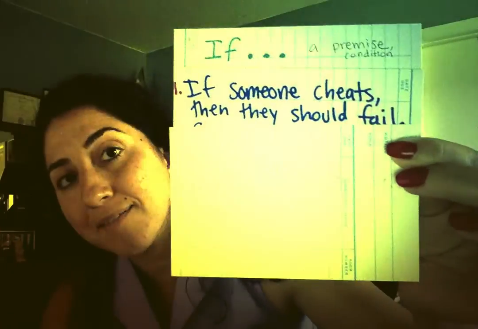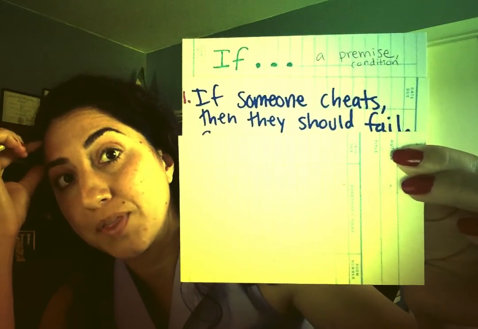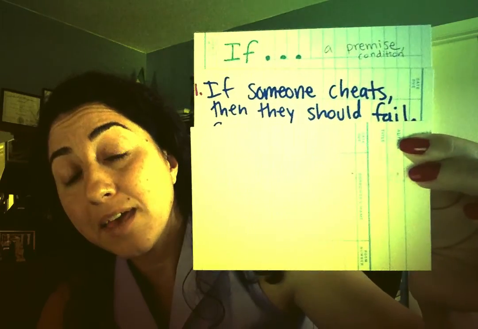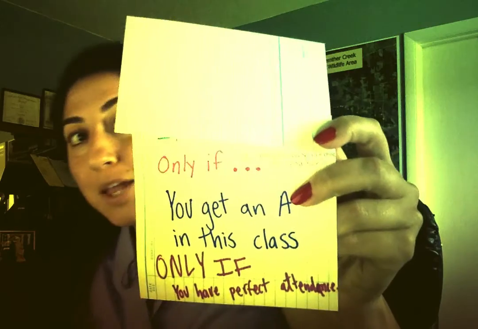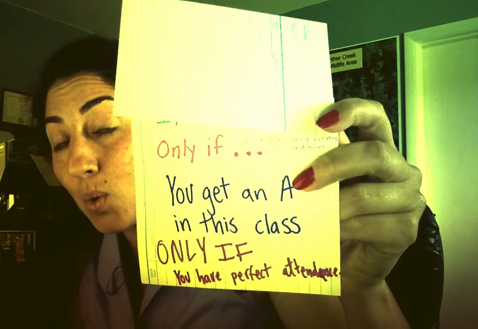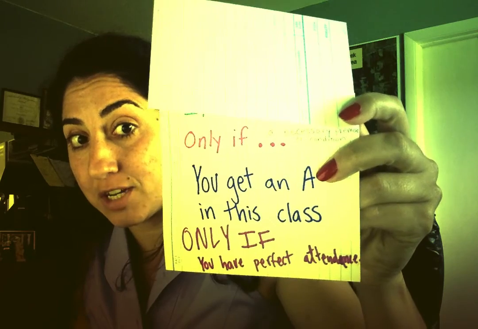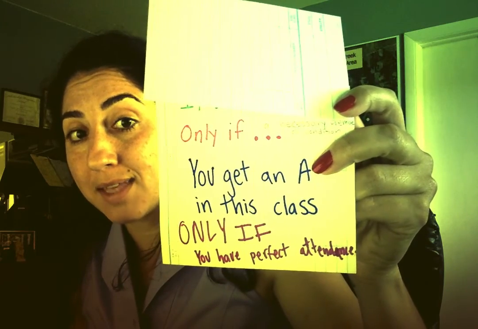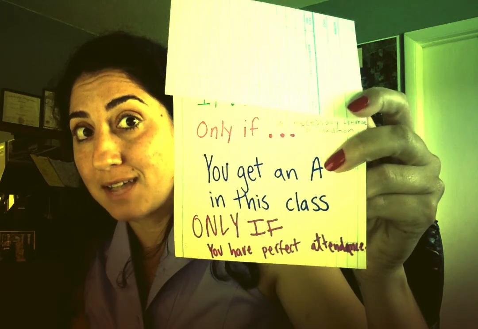You already have an example of a regular conditional statement that starts with if ... If P, then Q. And you already have an example of the only if, which is the necessary condition. You get an A in this class only if you have perfect attendance.